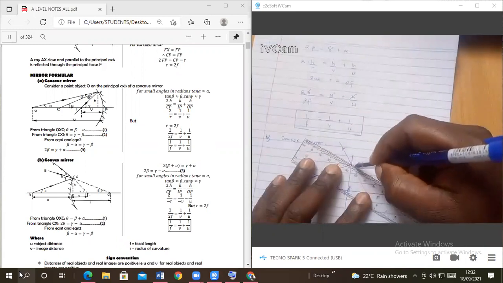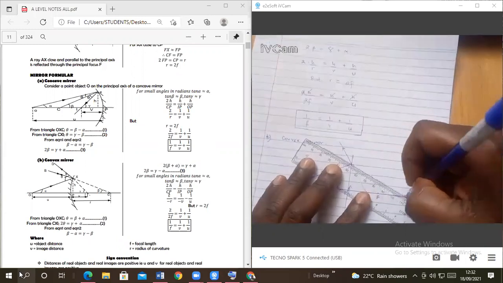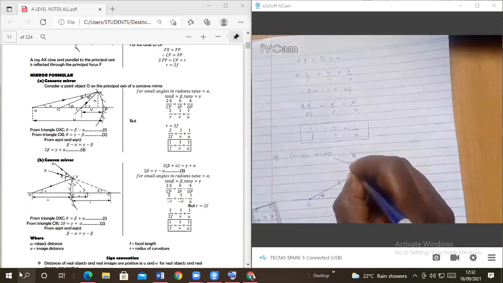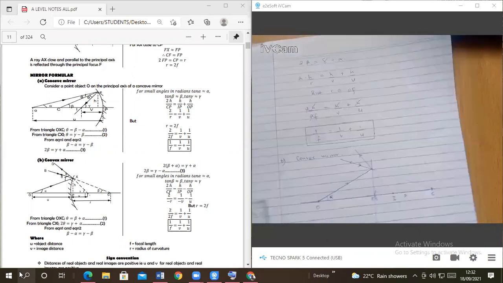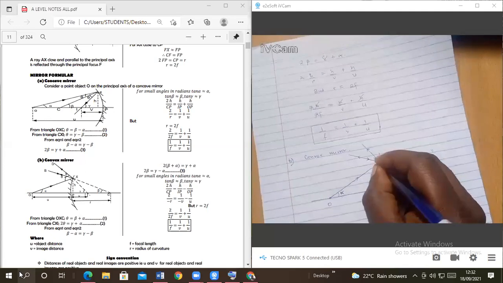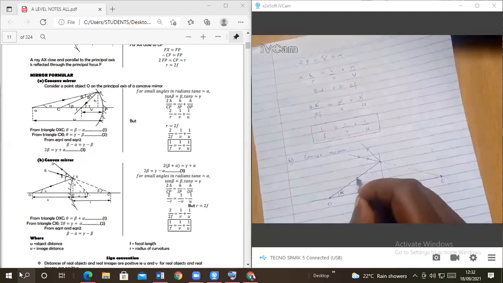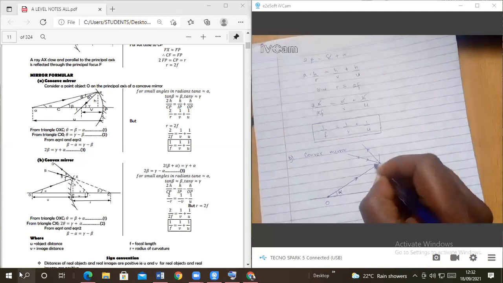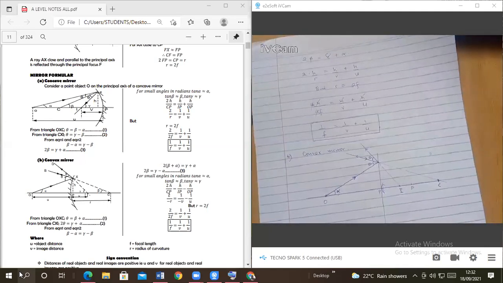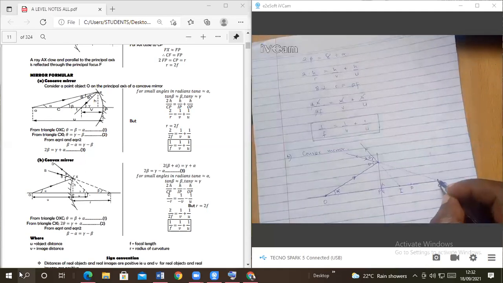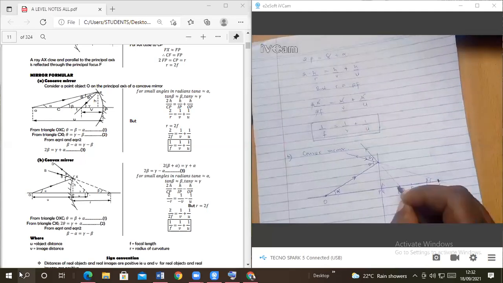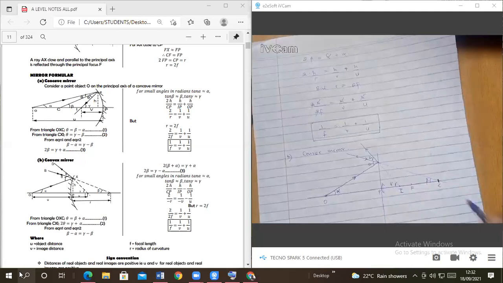But here we shall have dotted lines like that. So it comes and then it goes back. At this point here, we have our angle theta. If this is the incident ray, and this is the reflected ray, that means this is the angle of incidence theta and the angle of reflection theta. Okay, remember that for the radius of curvature here, we shall put beta. And for the image, we shall use gamma like that.